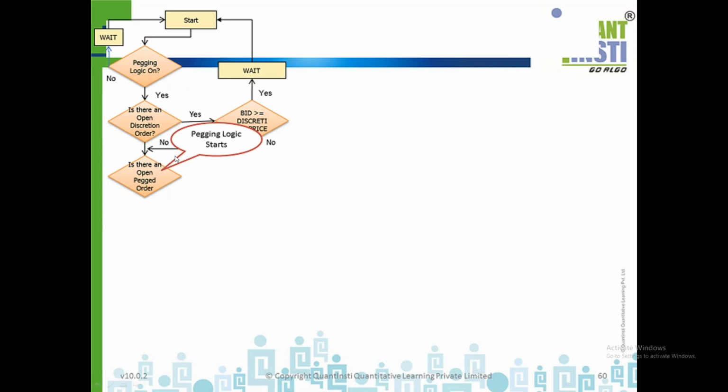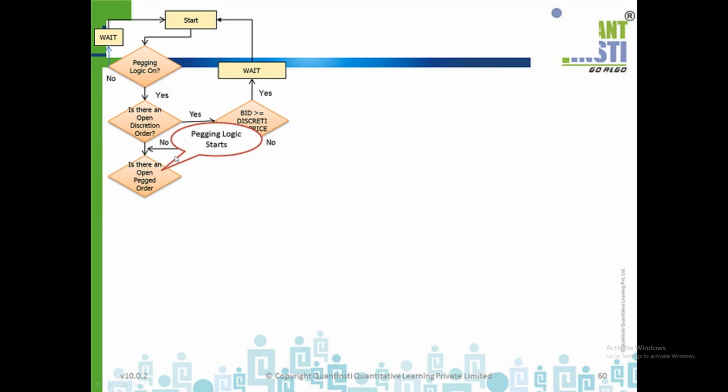So basically what you are doing, you are first of all checking if your order book is stable. Then you are checking if there is a discretion that can be used in the orders. If it can be used according to your urgency, if the bid-ask spread is greater than the discretion price, then obviously it might get immediately traded.